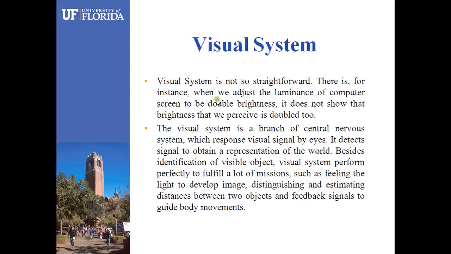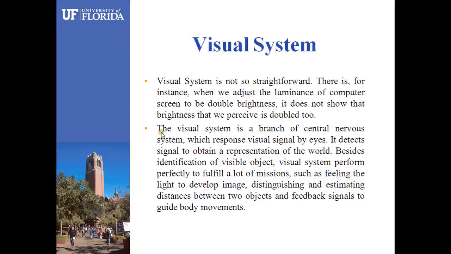For instance, when we adjust the luminance of the computer screen to double brightness, it does not mean that the brightness we perceive is double too. So the perceptual and visual mechanisms should be considered when you design hybrid images.